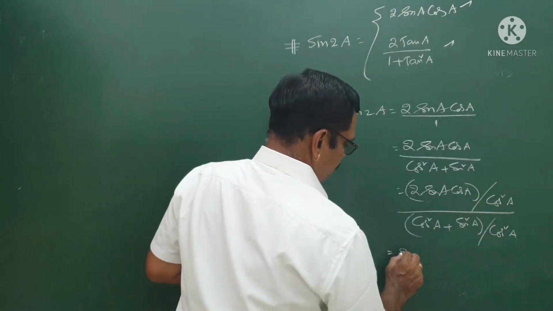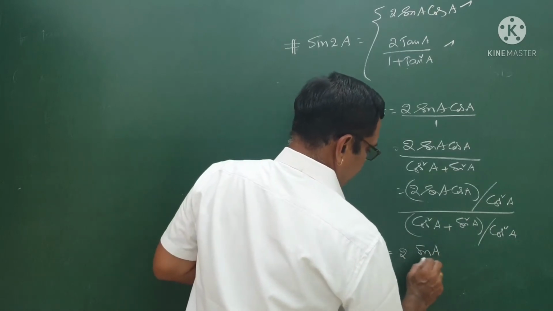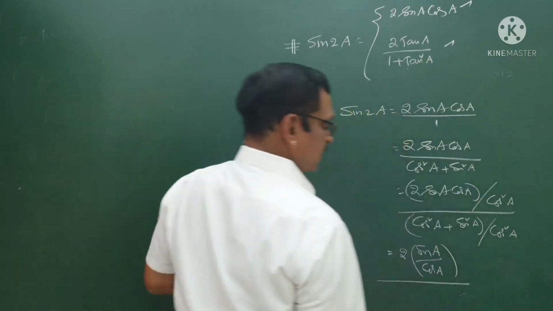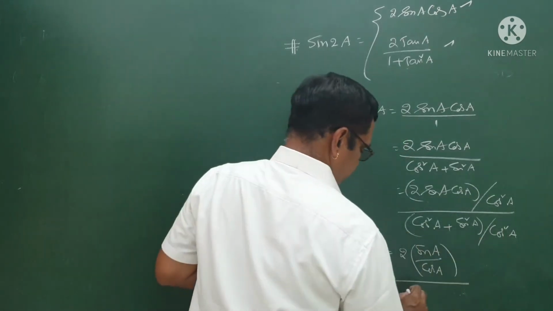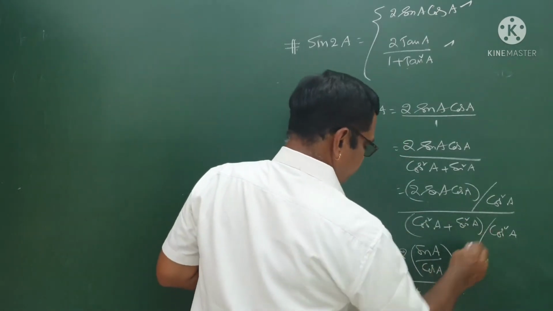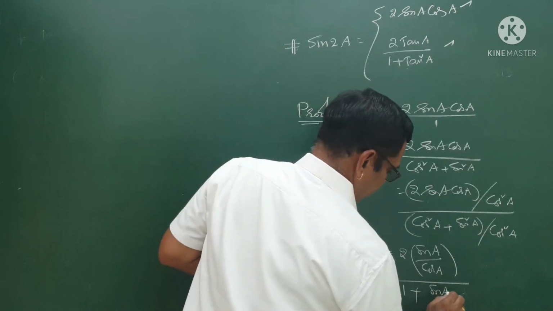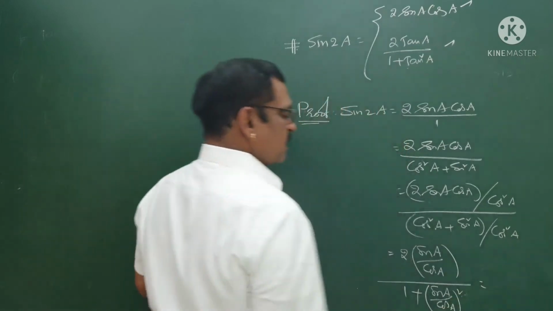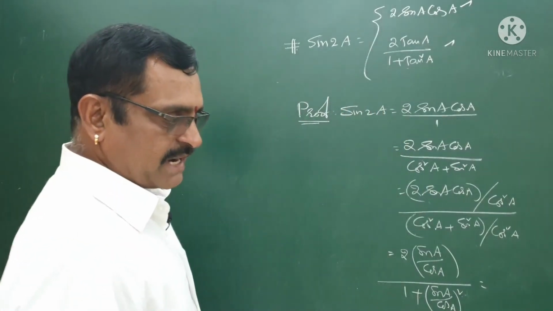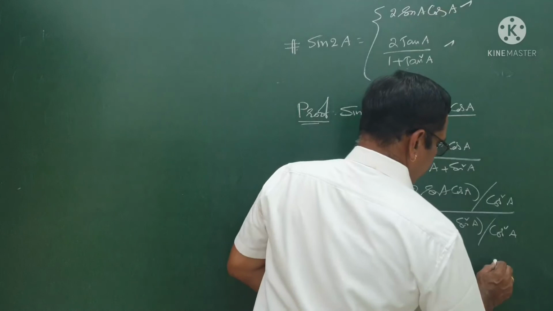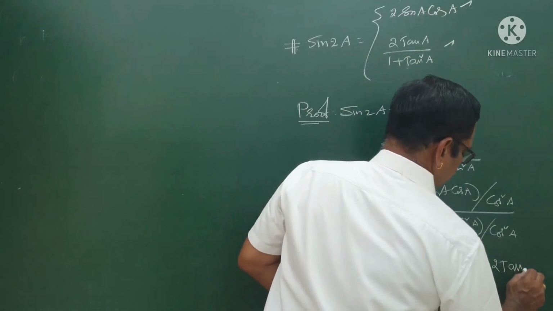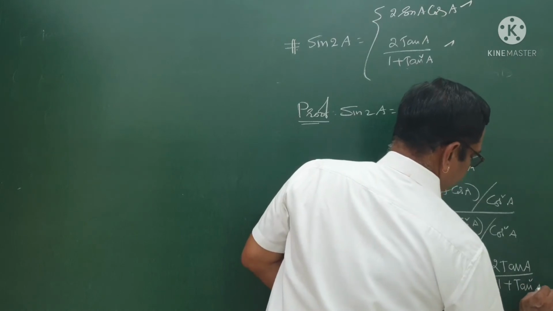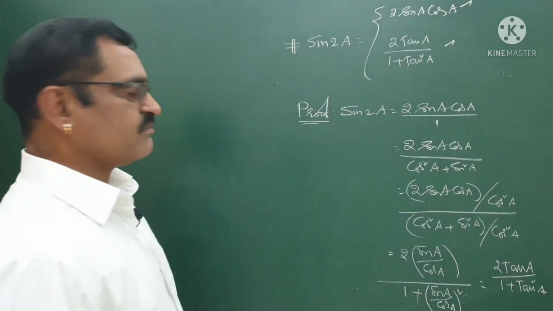So we have 2 sin A by cos A by 1 plus sin square A by cos square A. So we have sin A by cos A whole square. Now replace sin A by cos A by tan A. So we have 2 tan A by 1 plus tan square A, hence proof.